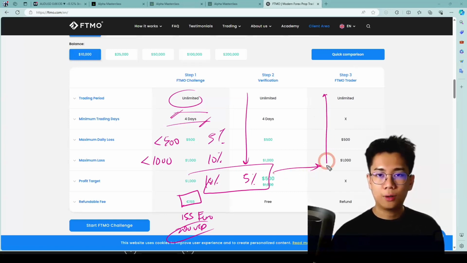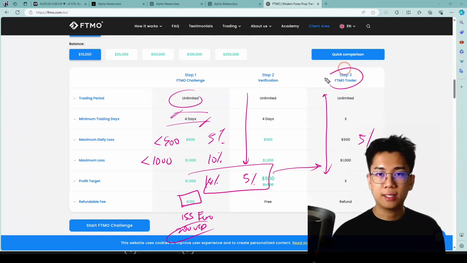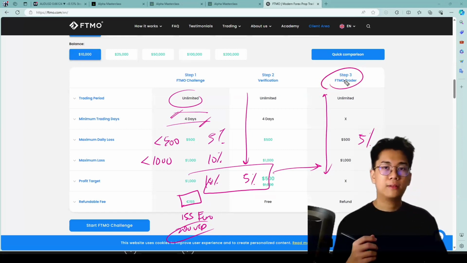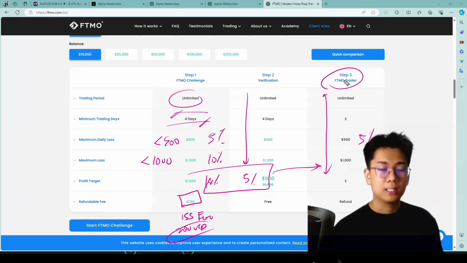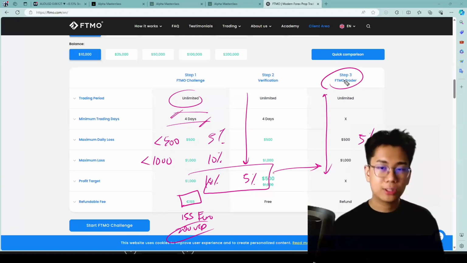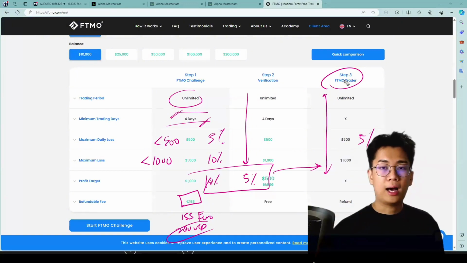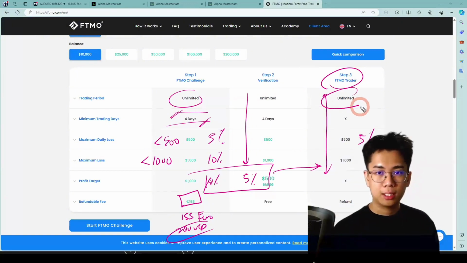Then over here are new rules. The drawdown still remains the same. We call it the funded trader, the FTMO trader. At this stage, they will officially fund you $10,000 to trade. And when they fund you $10,000, you get unlimited time to trade.